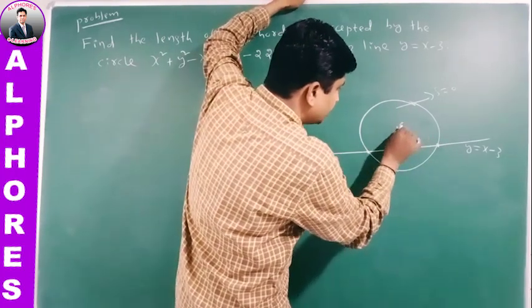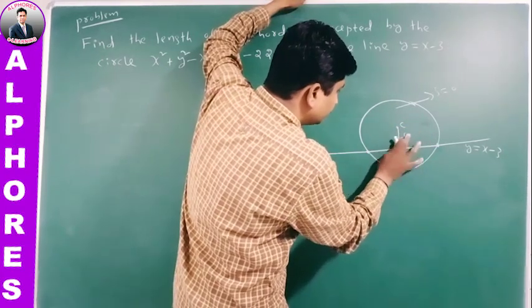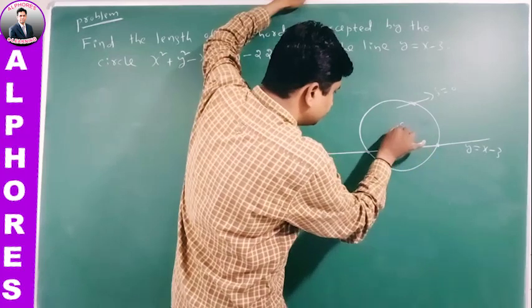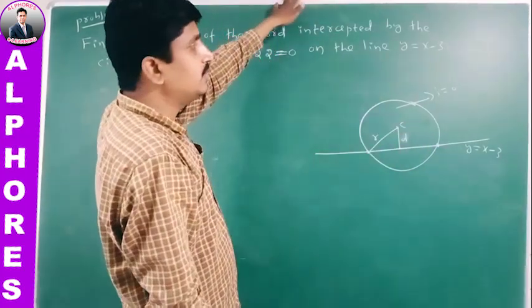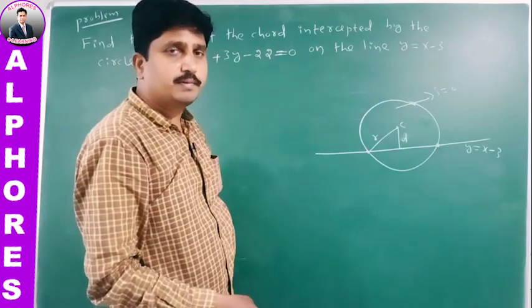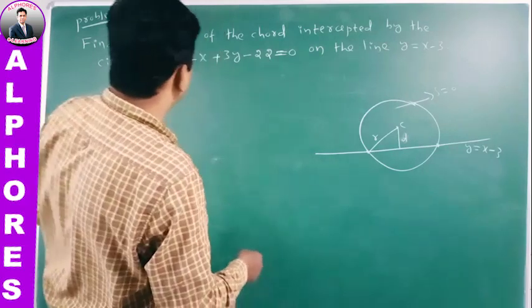Here is the center, this is d, and this is the radius of the circle. For the length of the chord, we know the formula 2 into under root of r square minus d square. Here r and d are required. r means the radius of the circle.